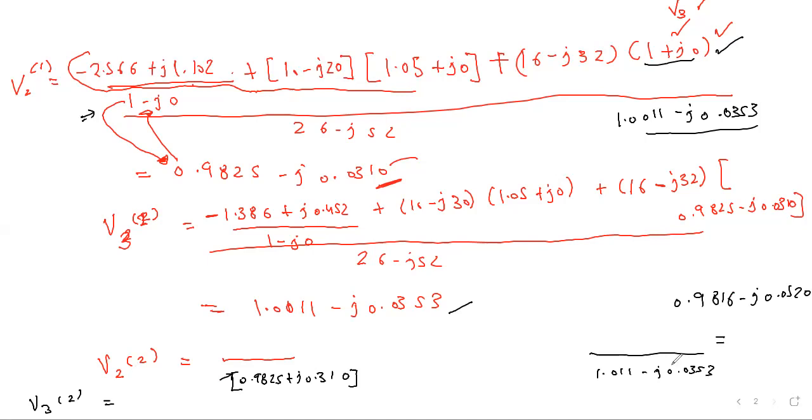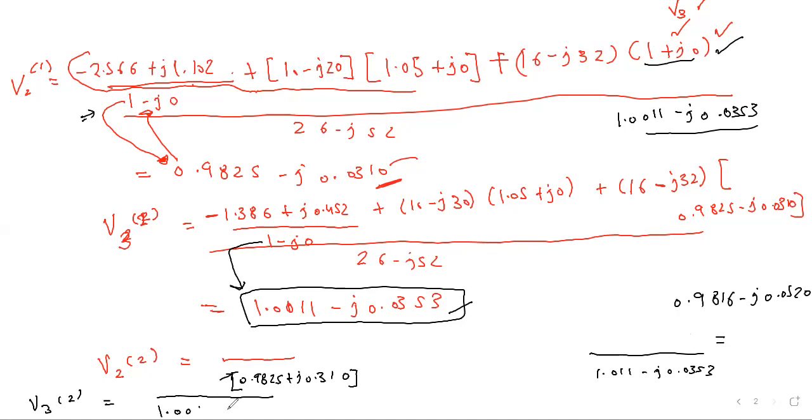The initial value here will come for that, the value of V21, and all that will remain the same, but the value of V31 that you got here will remain the same when you are calculating for V32. So instead of the initial value for V32, the rest will remain the same: 1.0011 minus j0.0353.